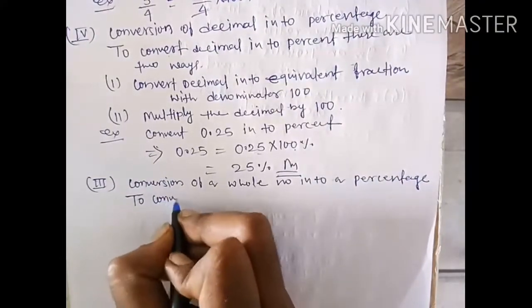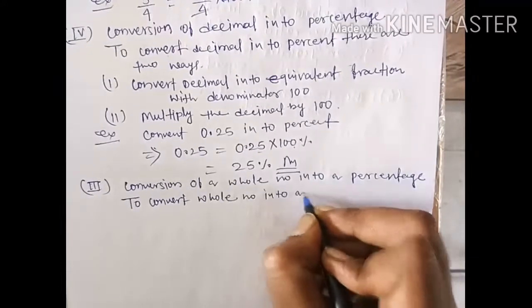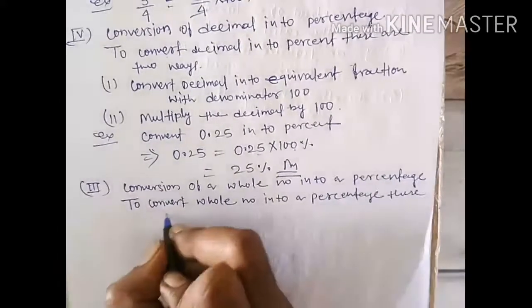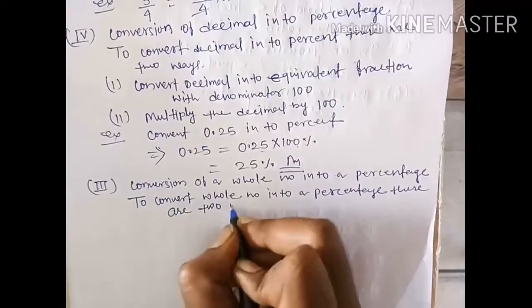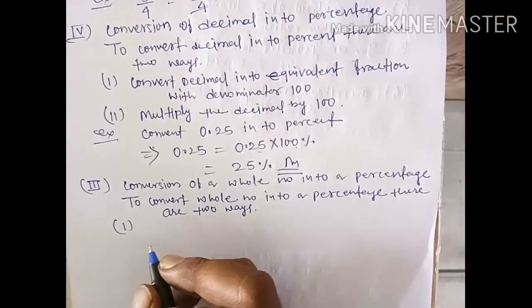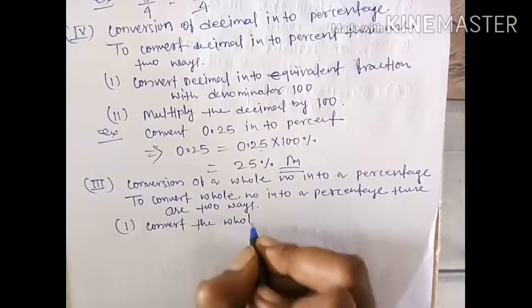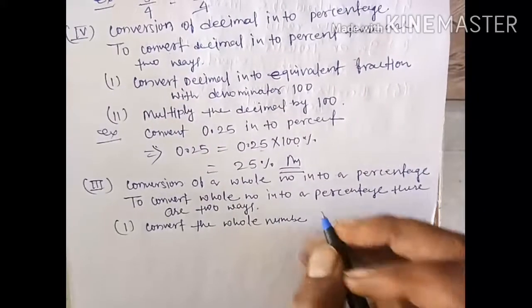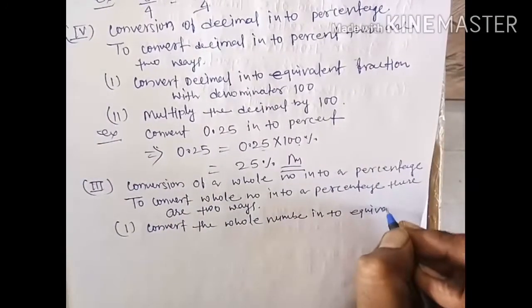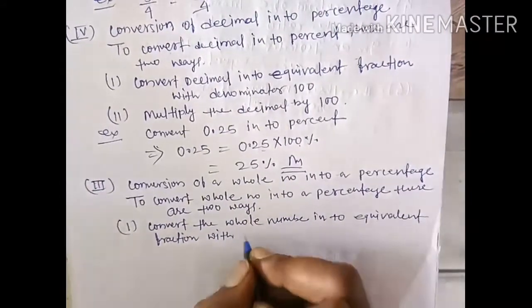First is convert the whole number into equivalent fraction with denominator 100.